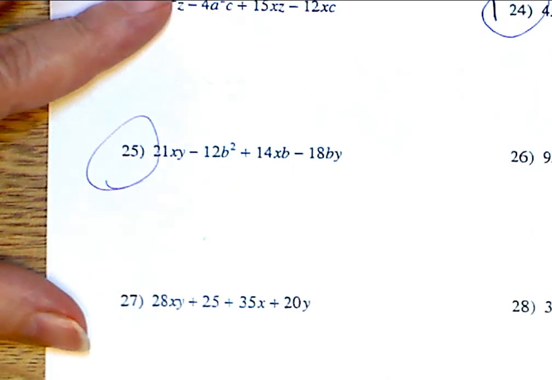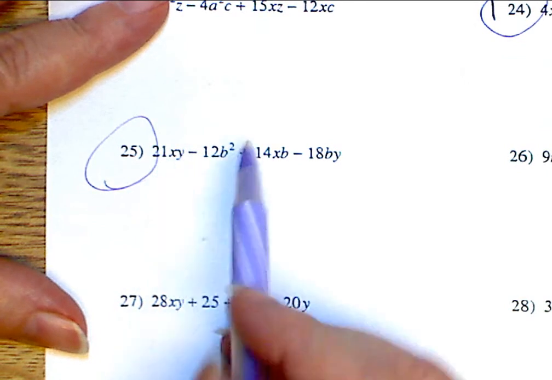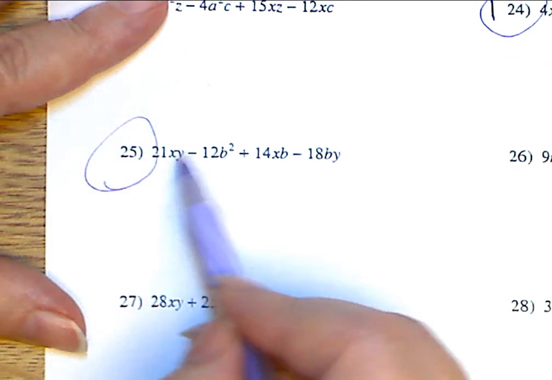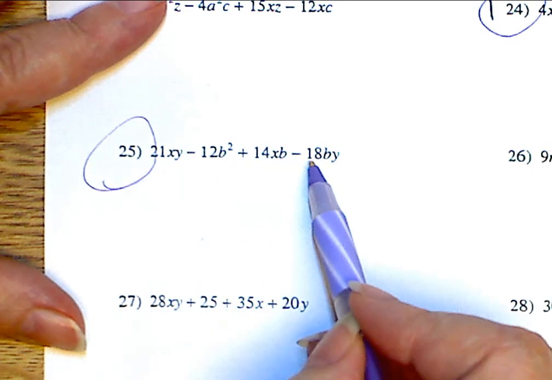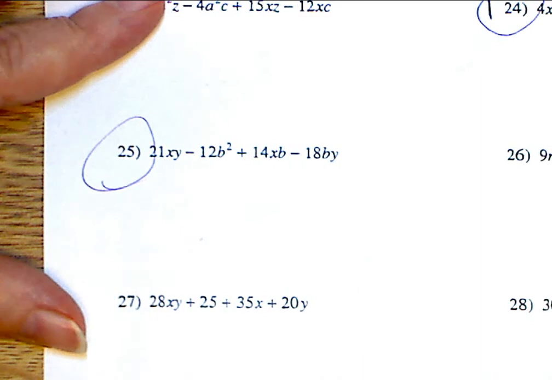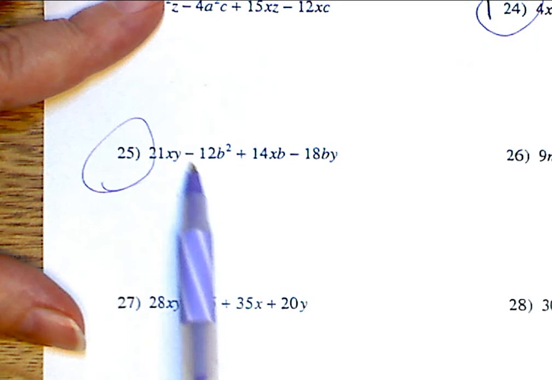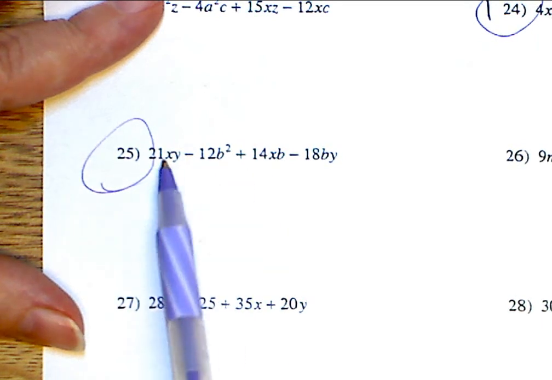So looking here, we have 21xy, negative 12b squared, 14xb, and negative 18by. You have to put things together that you can pull out. So like this has an x, see how they have two variables? So you want to put these two together because you can pull out the x.